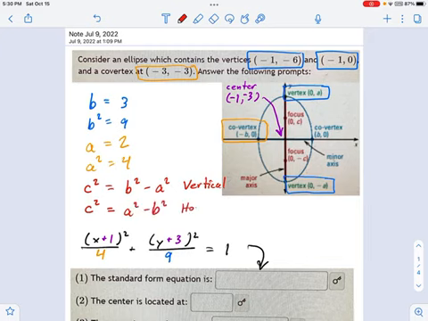That's why sometimes people just write this with an absolute value on it. So either way, whether it's horizontal or vertical, you're correct. Anyway, we've got c squared equal to b squared, which is 9, minus a squared, which is 4. So that's going to be equal to 5, which means c, when we need it, is going to be square root 5.